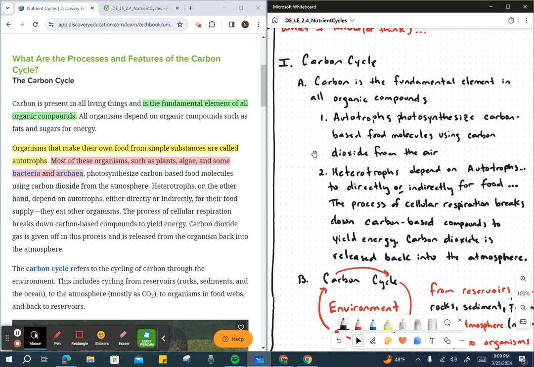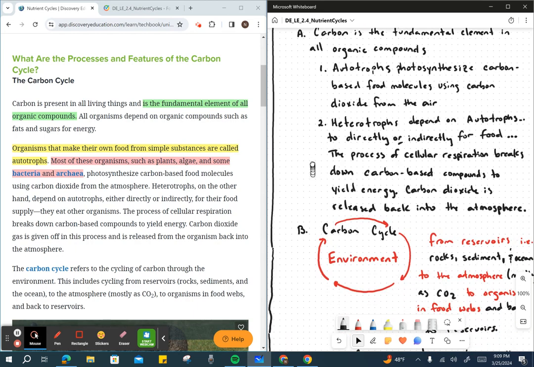They're able to produce their own food, their own energy sources, using carbon dioxide from the air. And as you guys are aware, they're going to transform that carbon dioxide into chemical bonds. The energy is going to be stored in chemical bonds, such as sugars.